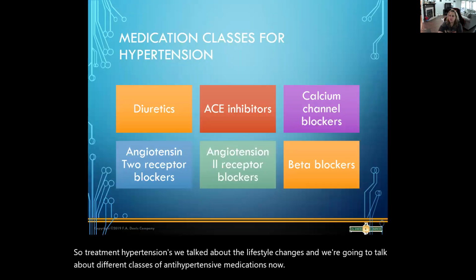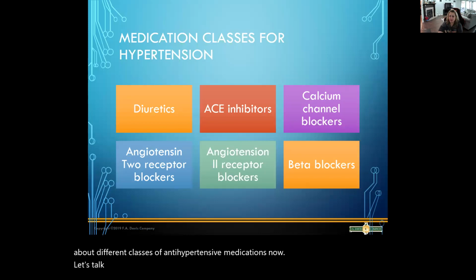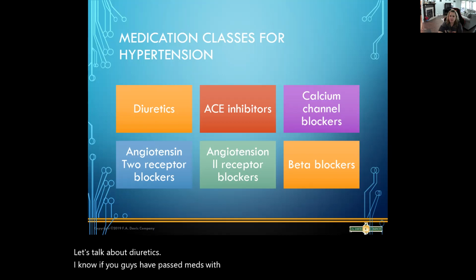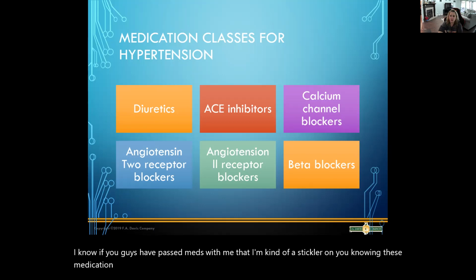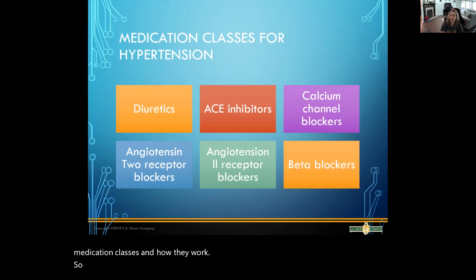So let's talk about diuretics. If you guys have passed meds with me, I'm kind of a stickler on you knowing these medication classes and how they work. Diuretics are used in conjunction with other types of medications to control hypertension.